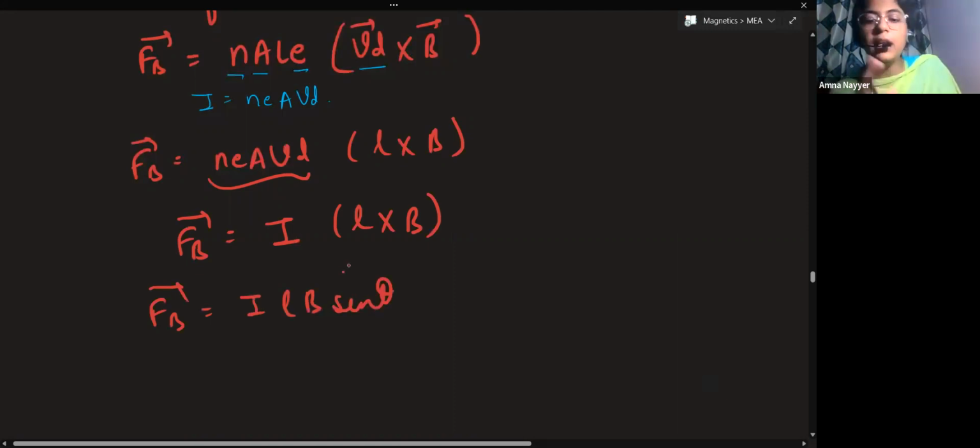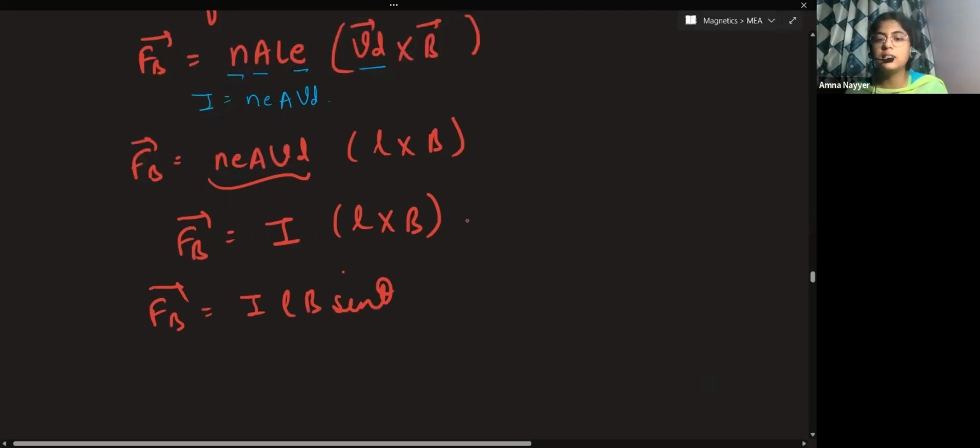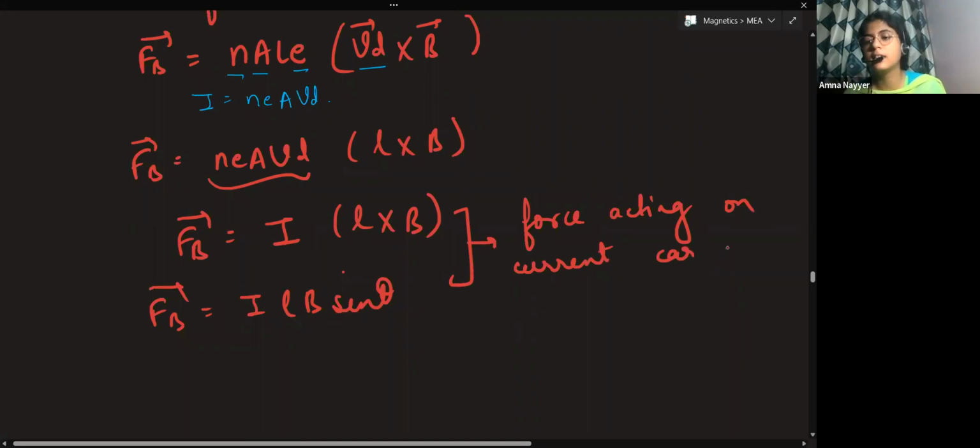Theta is the angle between L and B. So this is the magnetic force acting on a current carrying wire. This formula, we'll use it.